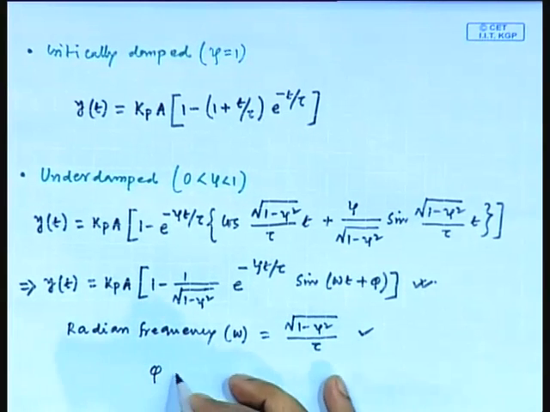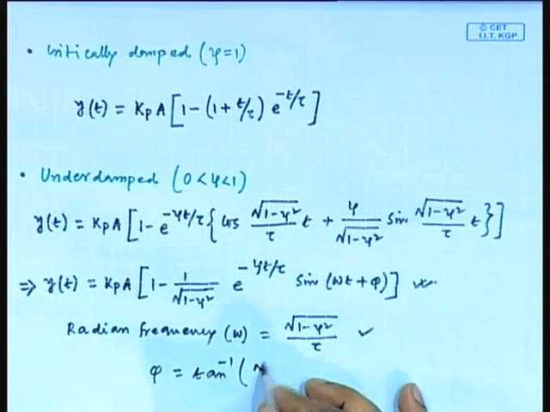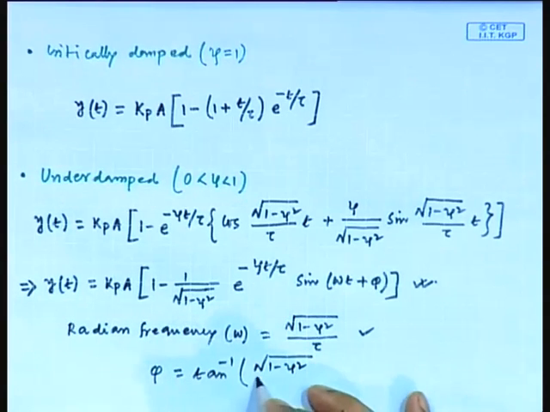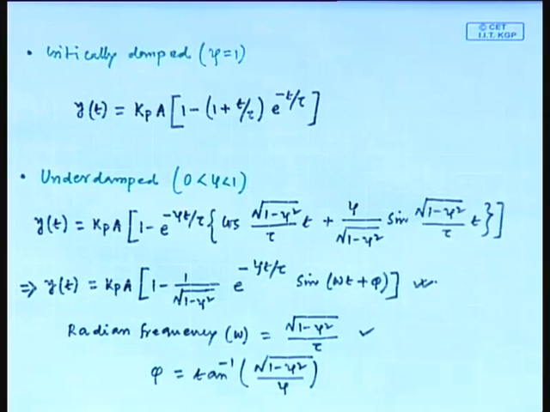Similarly, the expression for phase angle phi we obtain as phi equals tan inverse of root over 1 minus zeta square divided by zeta. This is phase angle.